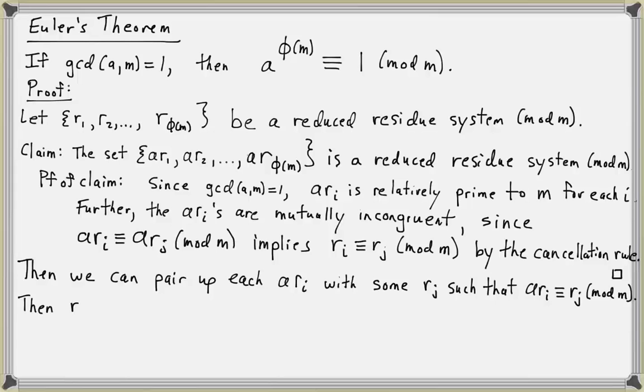If I multiply R1 times R2 all the way out to R sub phi of m, well, each one of these R's is congruent to one of the aR_i's, so this product will be congruent to the product aR1 times aR2 all the way up to aR sub phi of m.